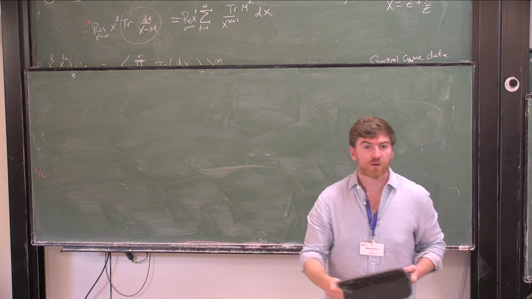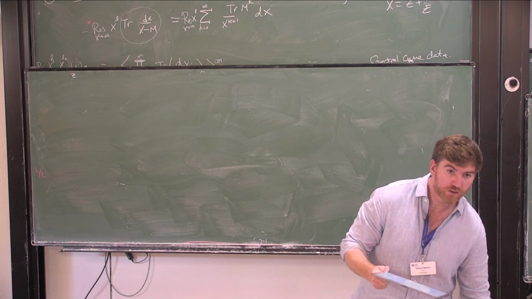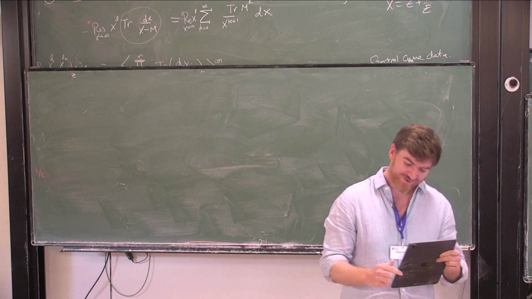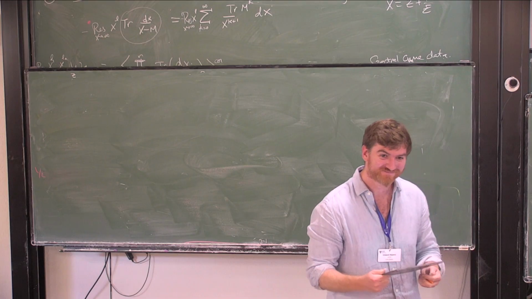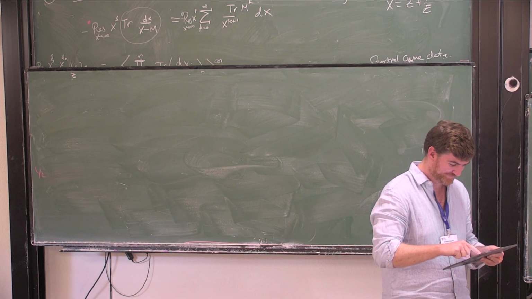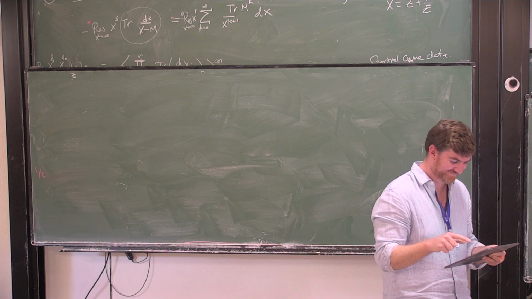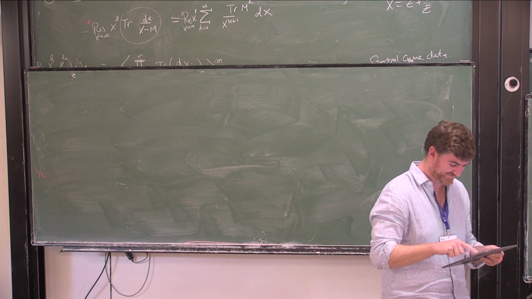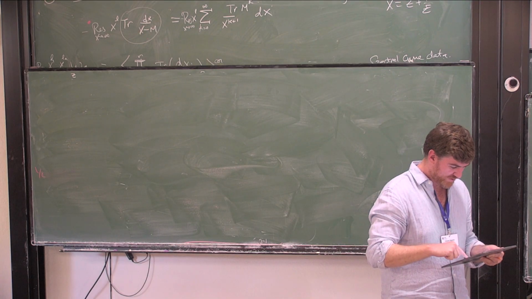Is it a coincidence that if you put k to 0, you get minus 1 over 12? That's precisely that. Okay.